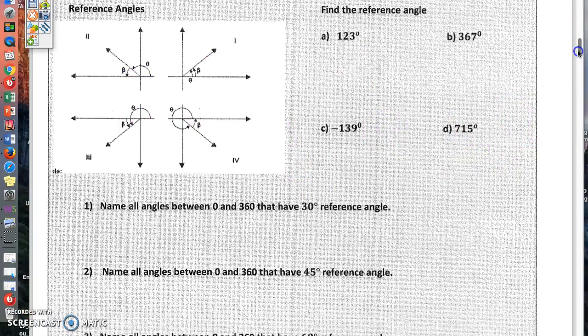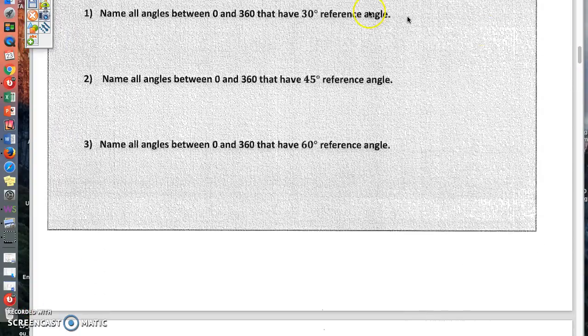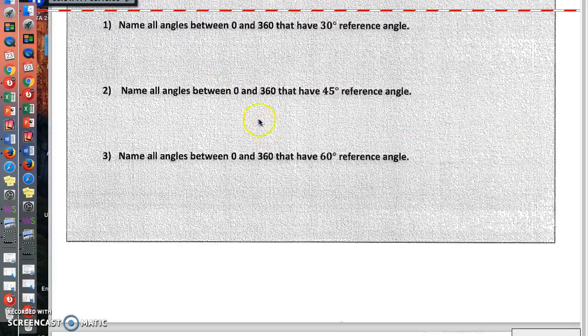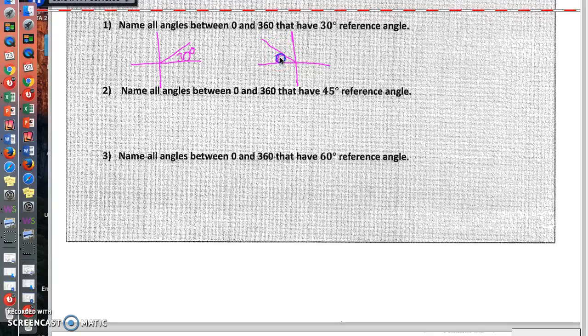So the next thing we're asked to do on this page is name all angles that have a 30-degree reference angle. Well, the first one would be easy in this first quadrant. That would just be 30 degrees. But if there's a reference of 30 right here, what is this angle? Well, that would have to be 150 degrees.